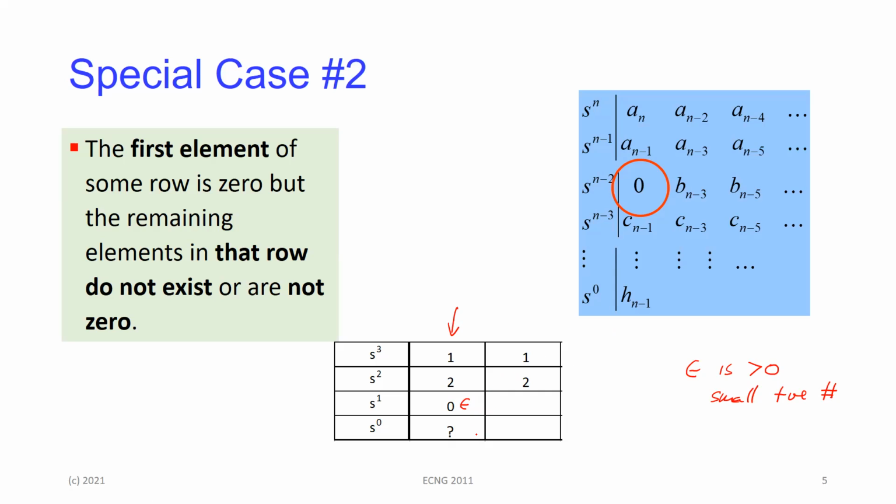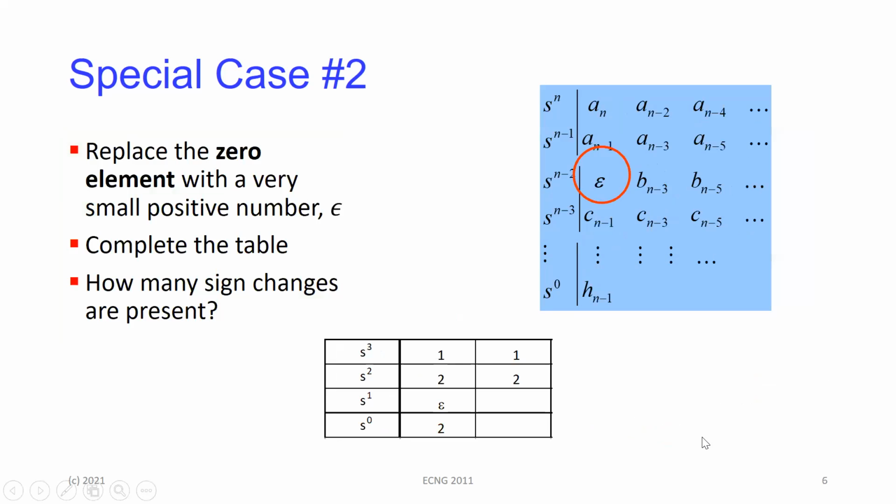So if this is a small positive number, this one will be epsilon, well, 2 epsilon, this is 0, minus 0 divided by epsilon. So here will be 2, right? So if I assume that that cell, let's increase this and say instead of 0, let's make it very slightly positive and complete the rest of the table and see what happens.